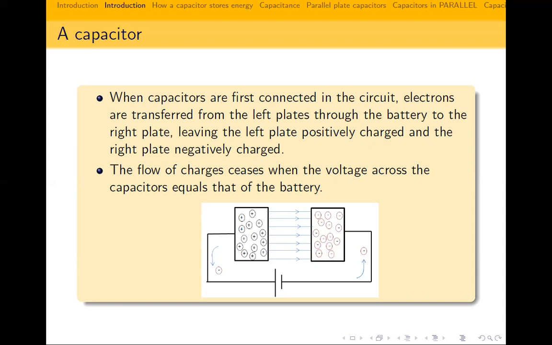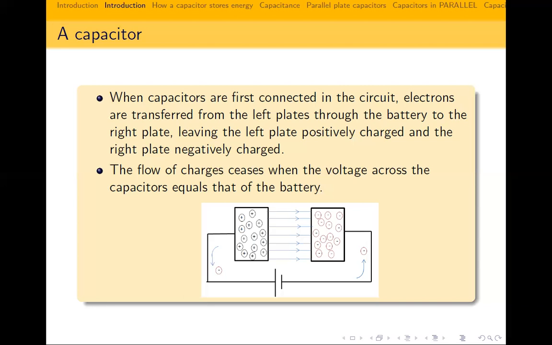When capacitors are first connected to the circuit, electrons are transferred from the left plate through the battery to the right plate, leaving the left plate positively charged and the right plate negatively charged. The flow of electrons ceases when the voltage across the capacitor equals that of the battery.